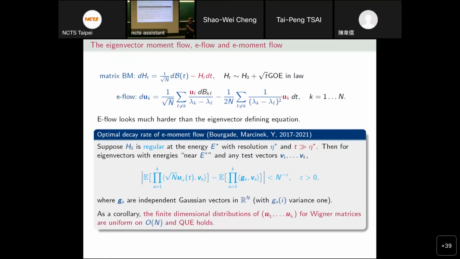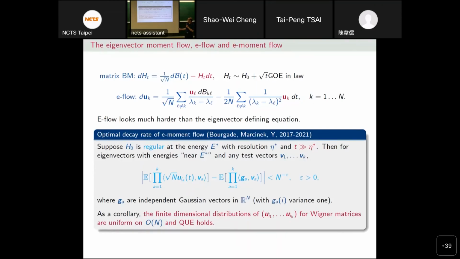So once we can identify the probability distribution of the matrix of eigenvector elements, then we can prove the law of large numbers. This tells you the probability law of each eigenvector component.